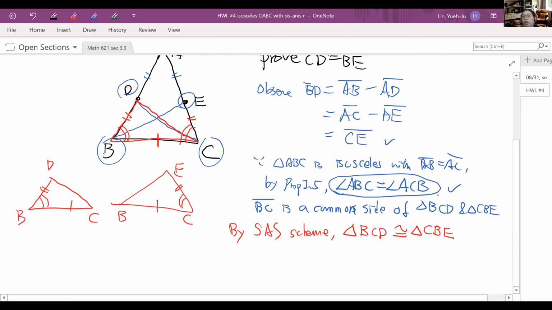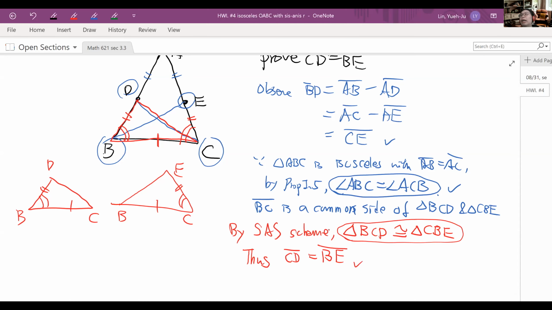So CD is the same as BE. A lot of people skip the congruent triangle step. This is not correct, because by the congruent scheme, the first thing you get is that the two triangles are congruent. Then you get the conclusion that the corresponding sides are equal. So this is how you do problem 4 in homework 1.